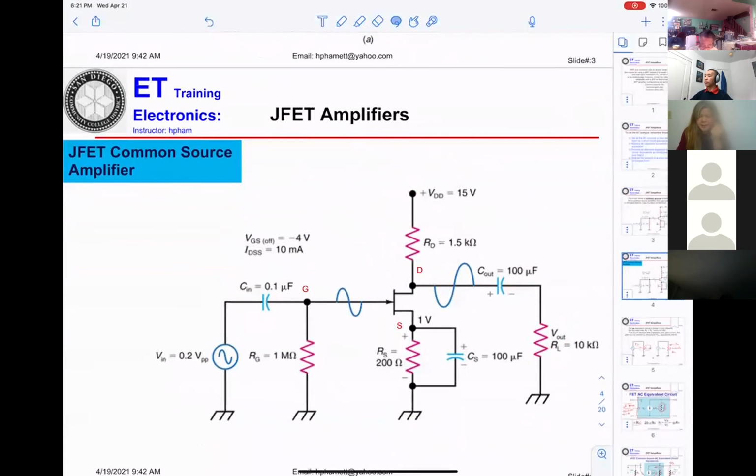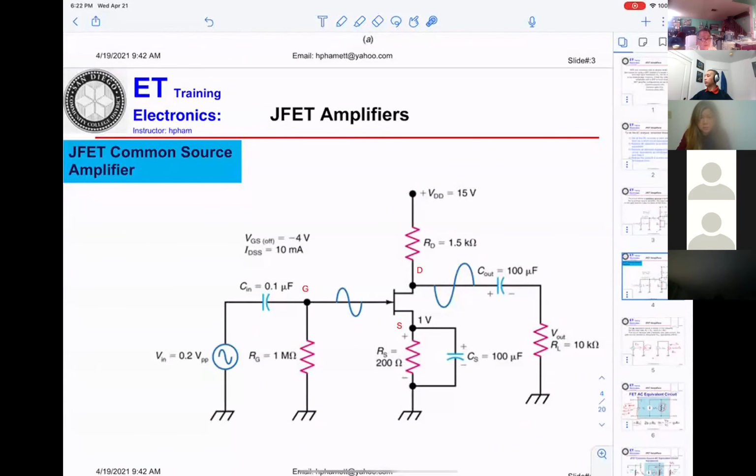So this is a common source. They just try to repeat it. But I want to know, you understand this is DC coupling. That means they allow the sideways signal to go to the gate. Any DC from the input here cannot go through.